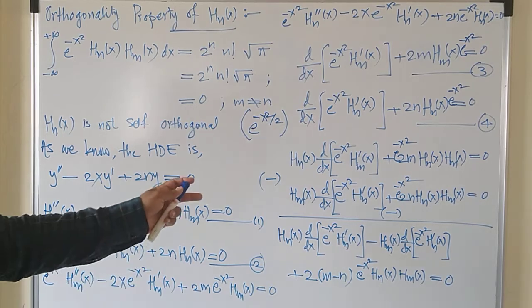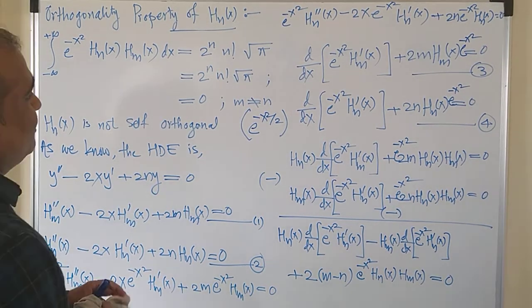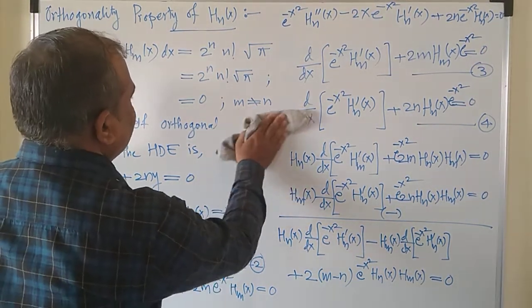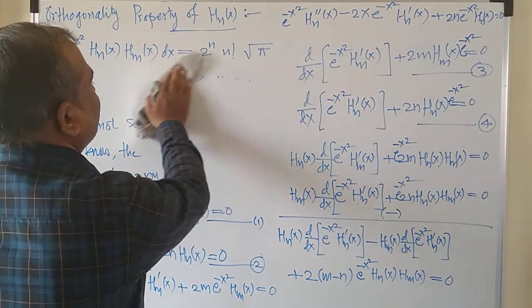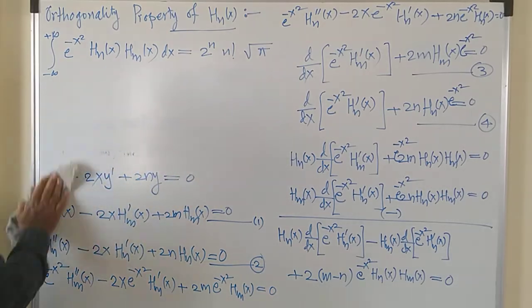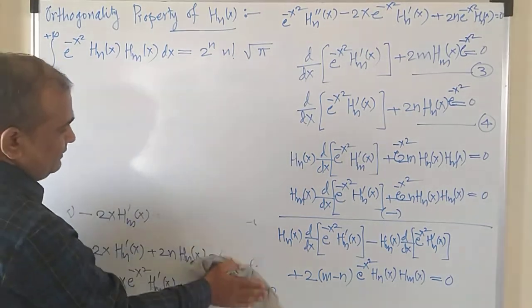So hope you have understood up to this, and I don't have space now on the board, so I will just rub this out, and I think I should keep this as it is. The rest of the terms I don't need here.